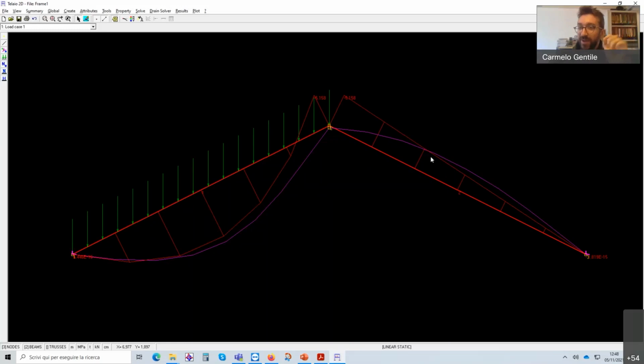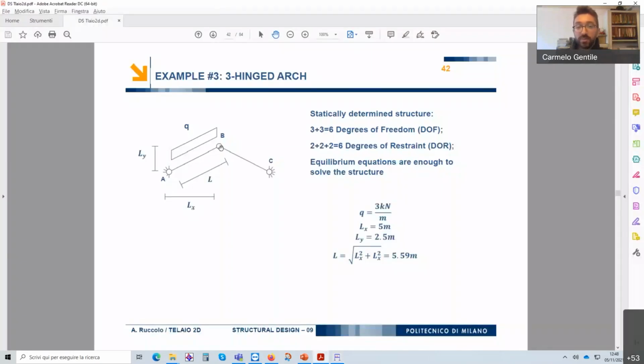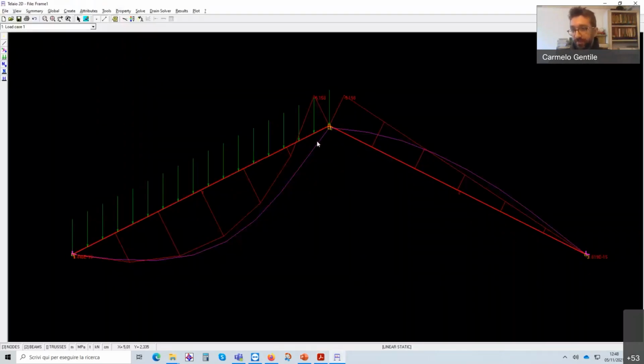Yes, you're very right. If we have an internal hinge in the node B or node 2 here, we expect to have 0 bending moment. And if we have 0 bending moment, we know that there is no transmission of bending moment from this part to the other part. So these two nodes can rotate one with respect to the other. Okay, thank you, Ageda. And I'm sorry for the pronunciation.